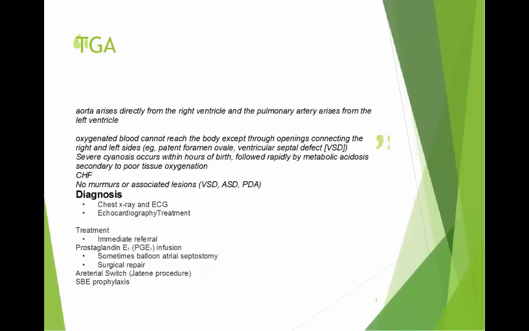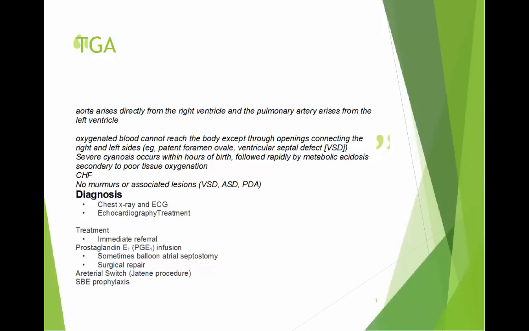After returning to the right heart, the desaturated systemic venous blood is pumped into the systemic circulation without being oxygenated in the lung. Oxygenated blood entering the left heart goes back to the lung rather than the rest of the body. This anomaly is not compatible with life unless the saturated and oxygenated blood can mix through an opening such as an atrial septal defect, ventricular septal defect, etc.